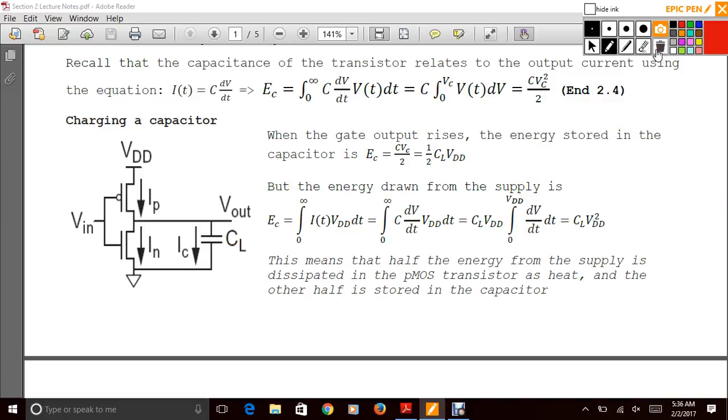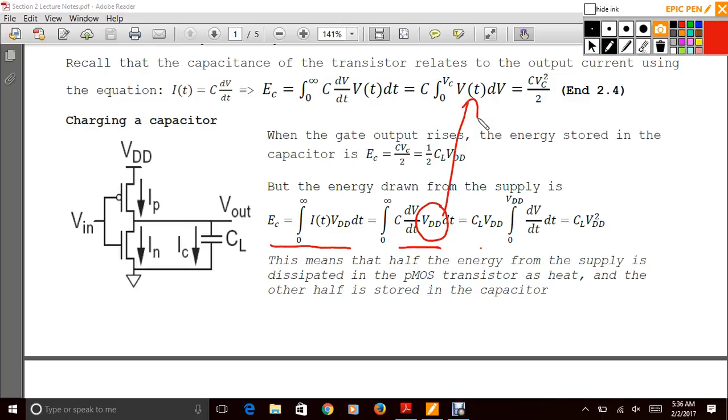So now the energy drawn from the supply, okay, so you got this voltage here. Do the same thing here. We'll put in our equations. Now this VDD, it's always going to be VDD, right?